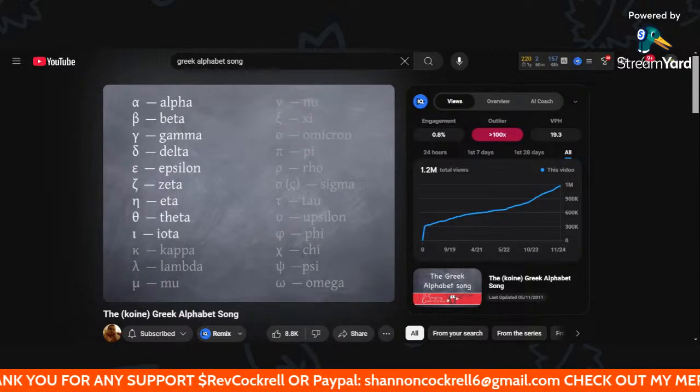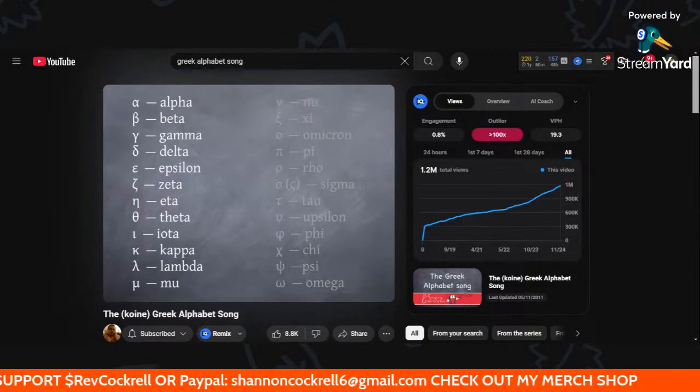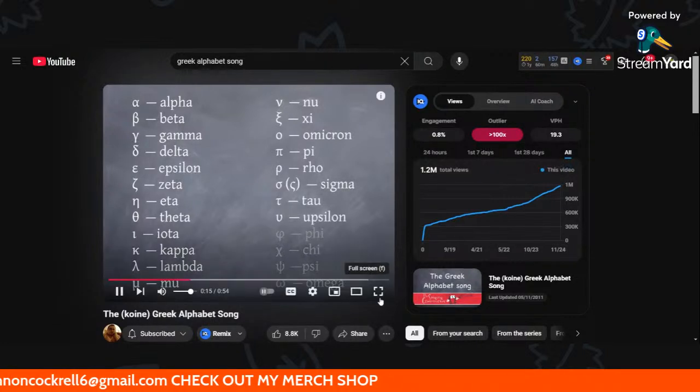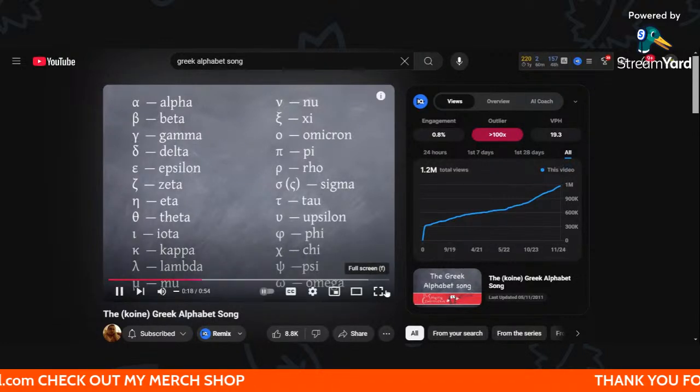Zeta, eta, theta, iota, kappa, lambda, mu. Nu, xi, omicron, pi, rho, sigma, tau, upsilon, phi, chi, psi, omega.